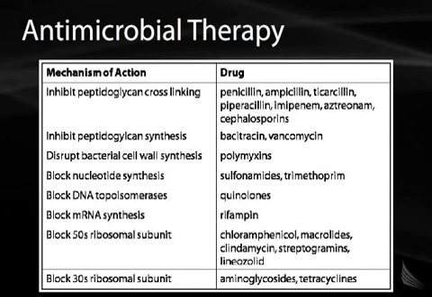When you want to target the 30S ribosomal subunit, you've got aminoglycosides or tetracyclines. This is a very important table to memorize, because it has all the families of antibiotics and their targets. Frequently you'll be asked on step 1, not necessarily what bug or what drug, but what mechanism the drug uses to kill the bug.